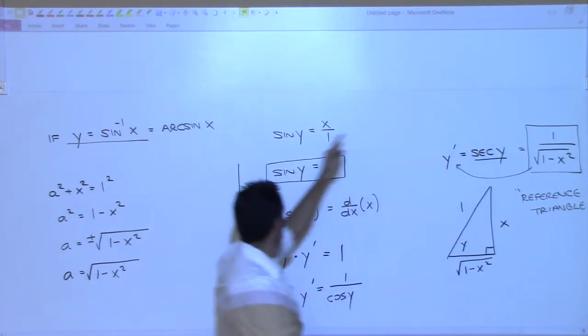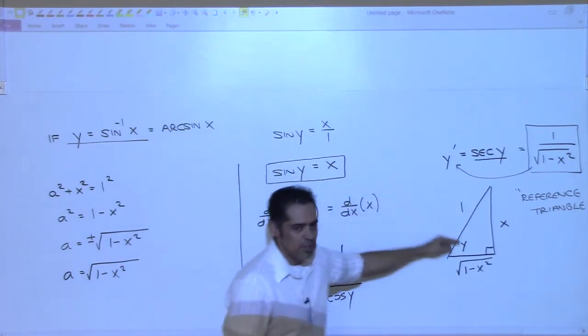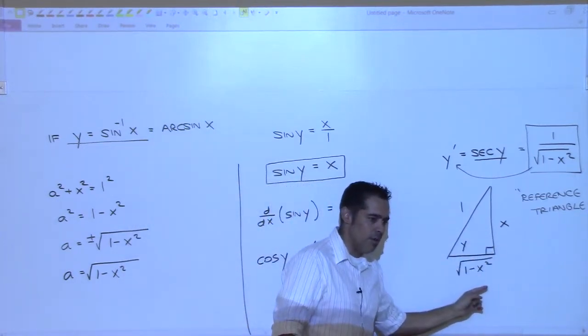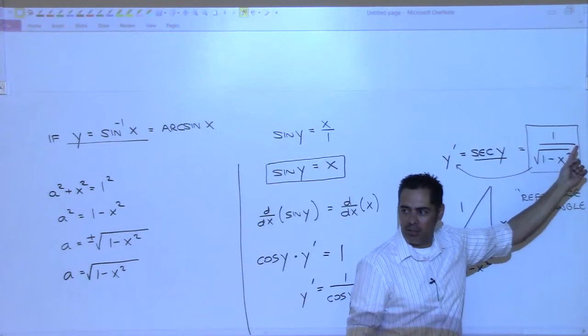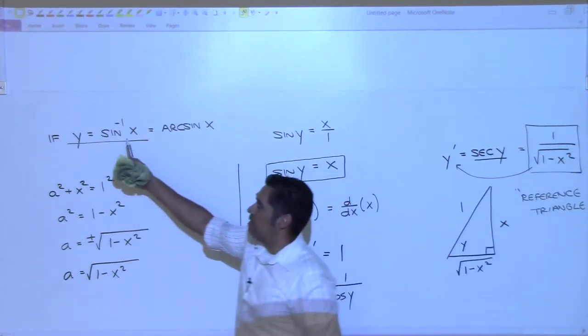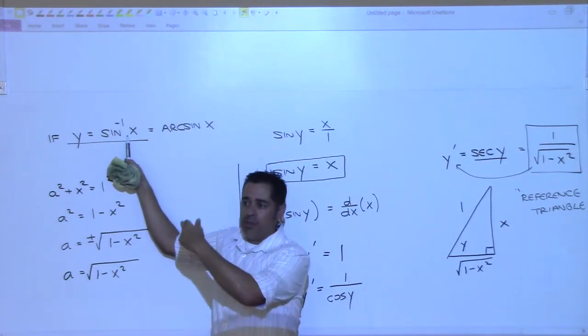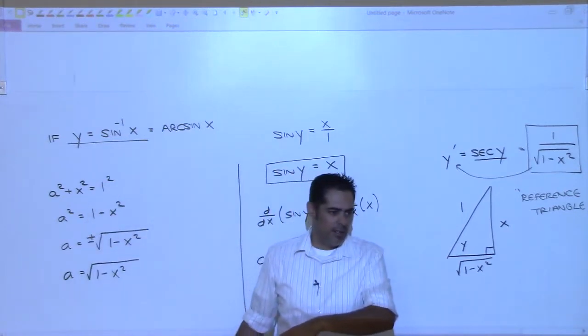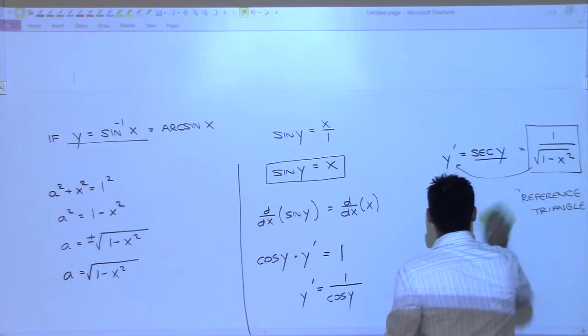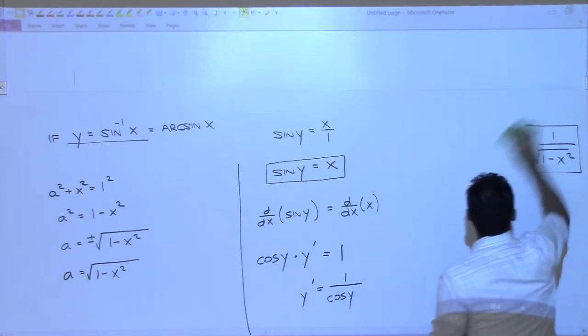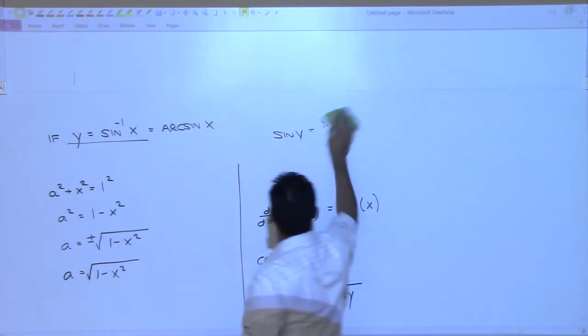I go back to the original statement, draw a reference triangle, solve for the side I don't know, and then come back and use that to get the answer. You can do that for all 6 inverse trig functions. Cosine inverse, tangent inverse, secant inverse, cosecant inverse, all of them can be done similarly. And when you do that work, you will come up with the 6 formulas.